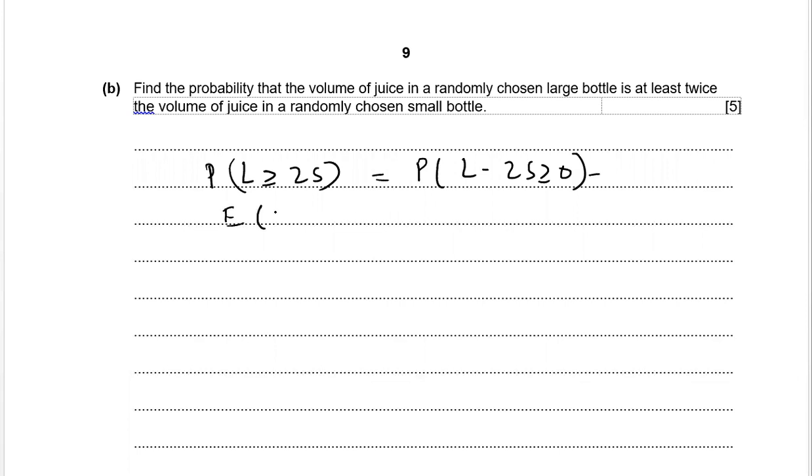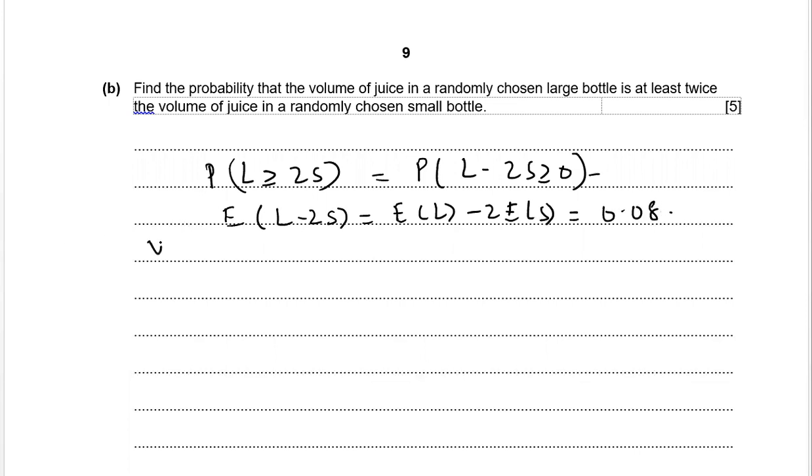Again E of L minus 2S is equivalent to simply E of L minus 2 of E of S. It is coming 0.08, simple.